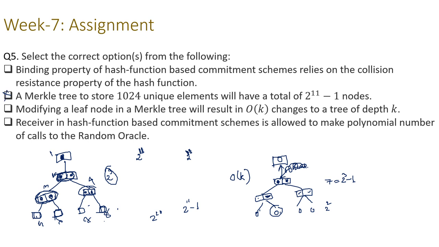So previously I said it wrong. I said this is correct, but as you have correctly pointed out, this is correct actually. That is what my question is, that I also marked this to be correct, because by calculation, if we have 1024 unique elements, then total nodes are 2 raised to 11 minus 1.